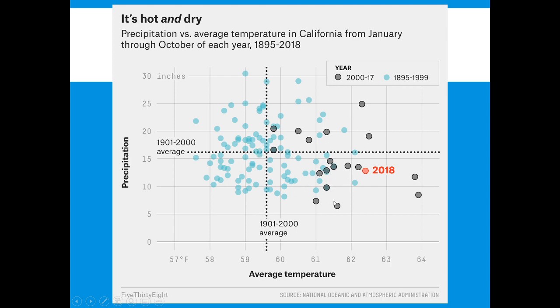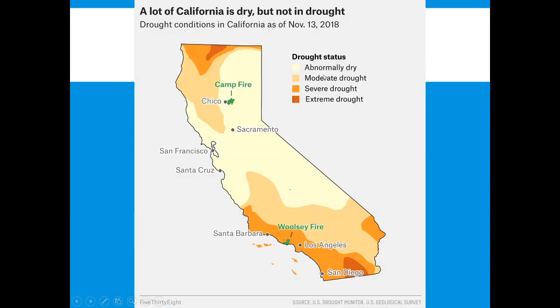It's hard to say they're outliers when all of these years are connected in the last 18 years. Now, a lot of California is dry, but might not be in drought. Just because a lot of California is in a drought doesn't mean that there aren't going to be fires in areas that aren't in a drought.